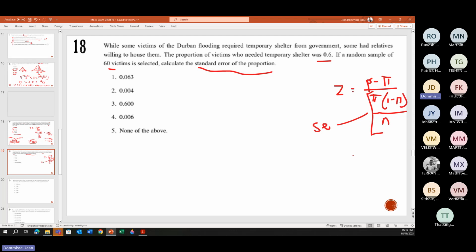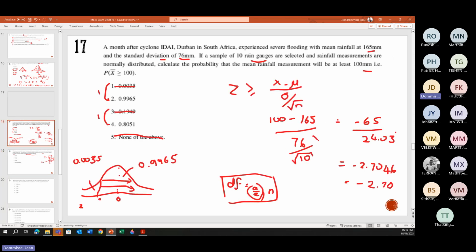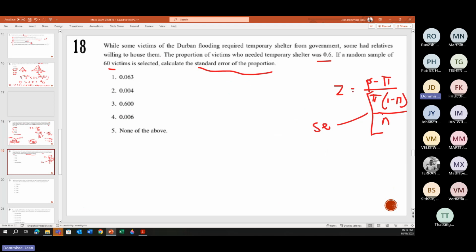So again, there will be a standard error question in your paper. It will be either a standard error where the mean is involved, so then it is that component, or a standard error when you work with a proportion, but there will be a standard error in one of your questions.